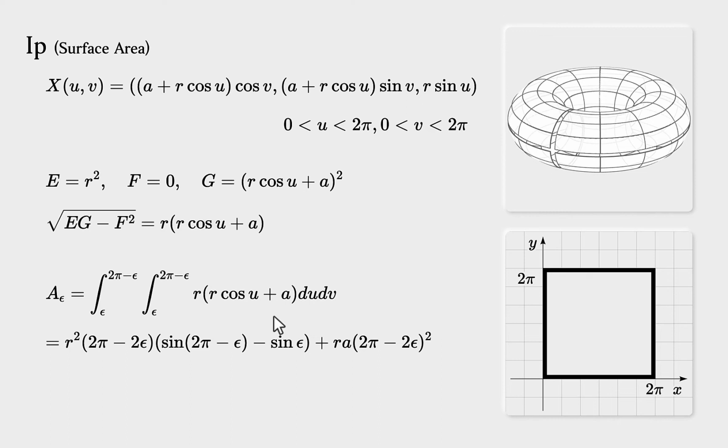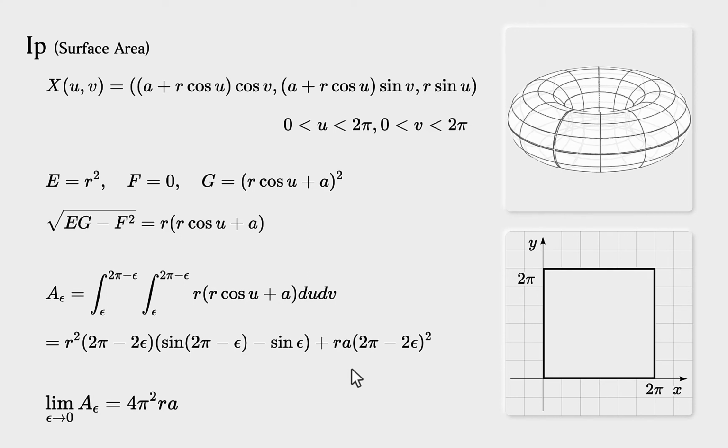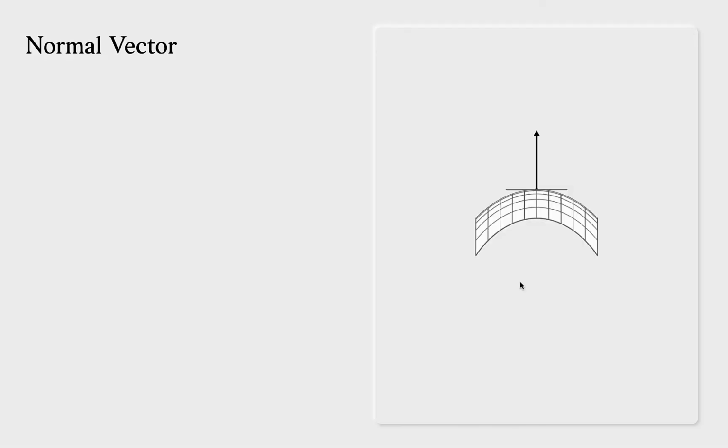This area doesn't include the black part around the square, and the width of this black part is epsilon. Finally, we let epsilon go to 0. Then we can know the surface area of the torus.